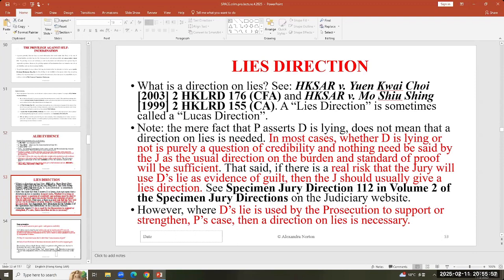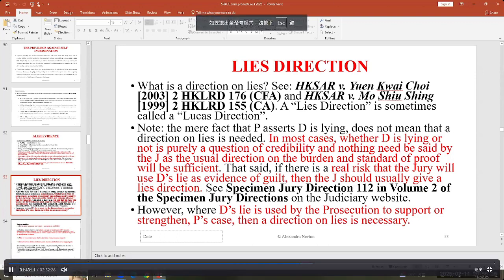So we've got these leading cases, Yun Kwai Choi, Mo Xiu Xing, right? If it is the case that there is a real risk that the jury will use the defendant's lie as evidence of guilt, then the judge should give a lies direction. But just the mere assertion that the defendant's not telling the truth doesn't necessarily mean that a lies direction has to be given.